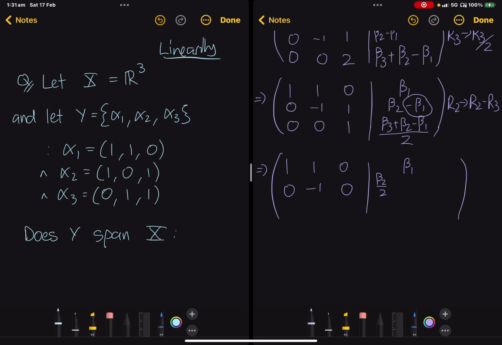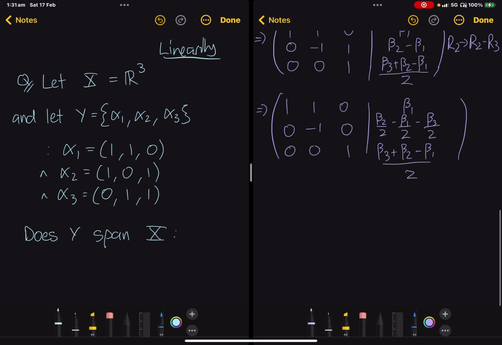We've got a minus beta 1, and we're subtracting a minus beta 1 on 2, so that's adding beta 1 on 2, which gives minus beta 1 on 2. And then we've got minus beta 3 on 2. Our end row is still 0, 0, 1, beta 3 plus beta 2 minus beta 1 on 2.